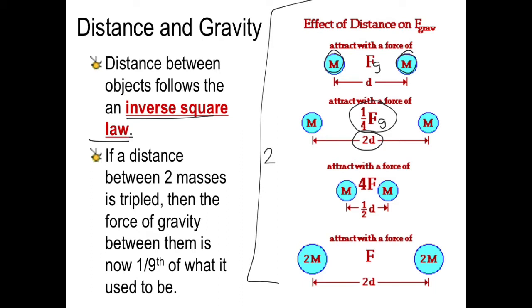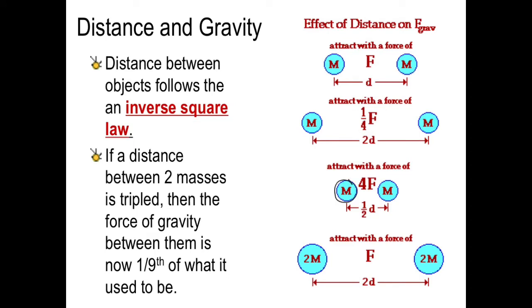If I doubled the distance, the inverse of 2 is 1/2. And if I square that 1/2, it becomes 1/4. So due to the inverse square law, since the distance is twice as large, I now have 1/4 of the force of gravity I used to have.